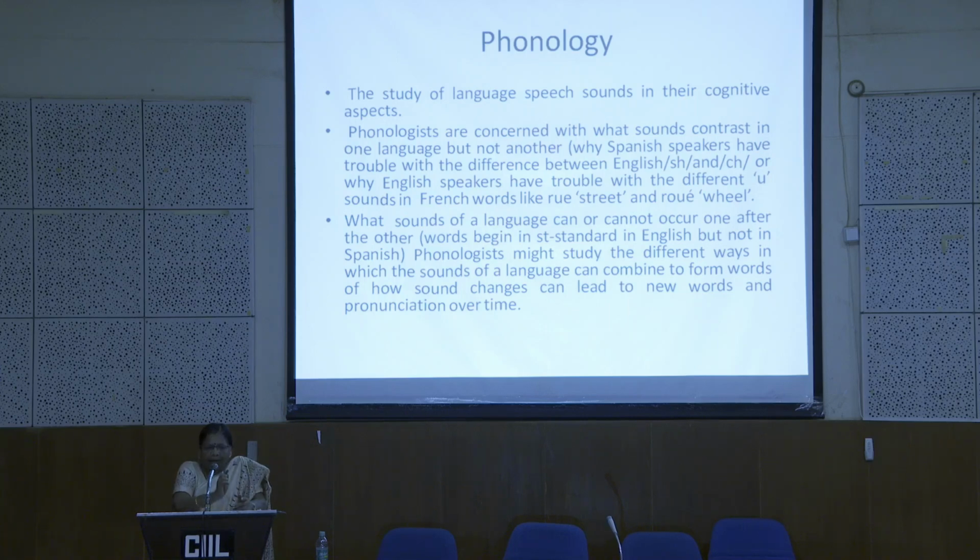Phoneme is a minimal sound which makes the difference in the meaning of two words. Put, but, cut, like that. Pa is a phoneme, ba is a phoneme.